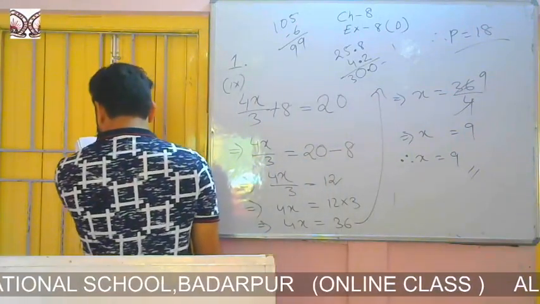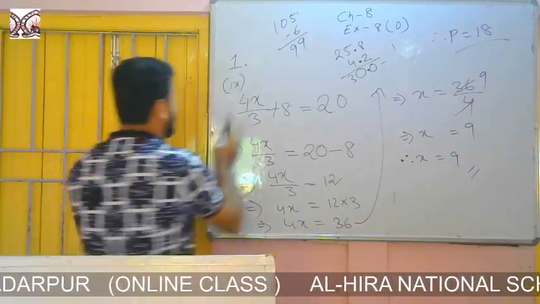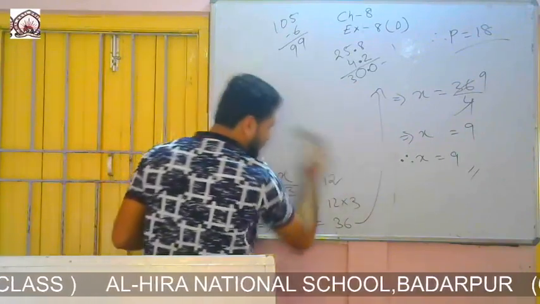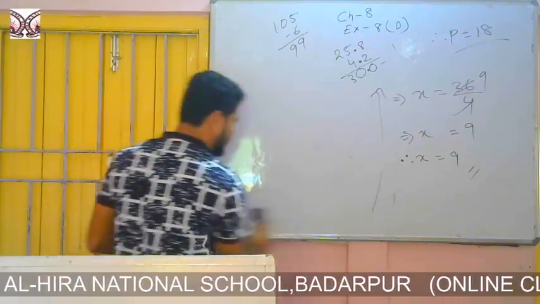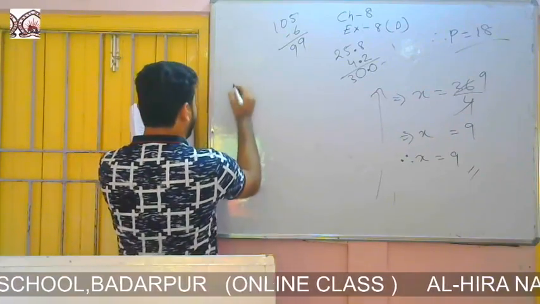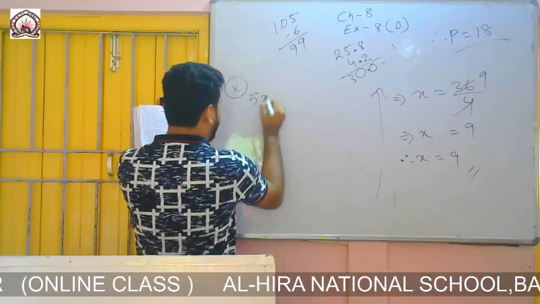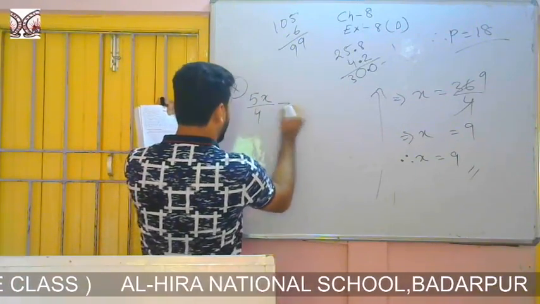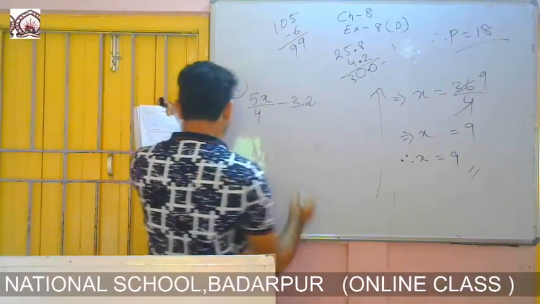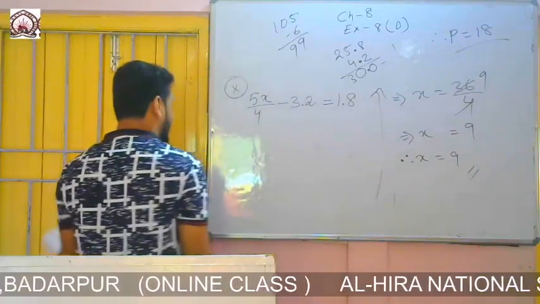Now come to question number 10. You see question number 10, what is written? 5x by 4 minus 3.2 equals 1.8.